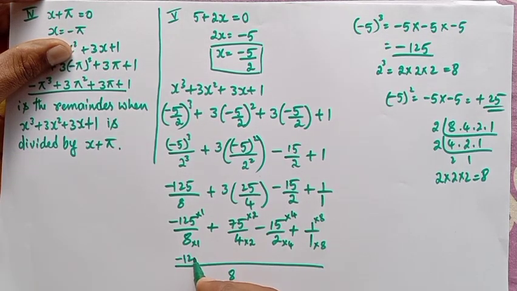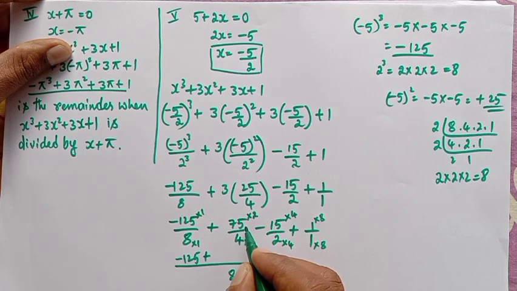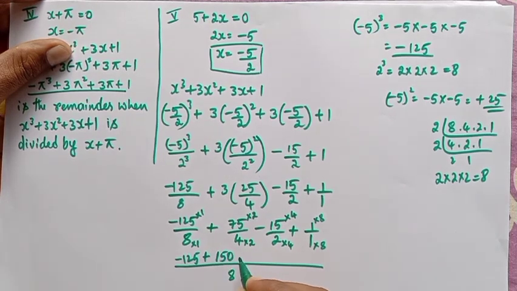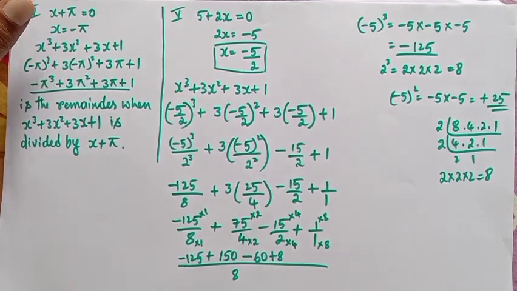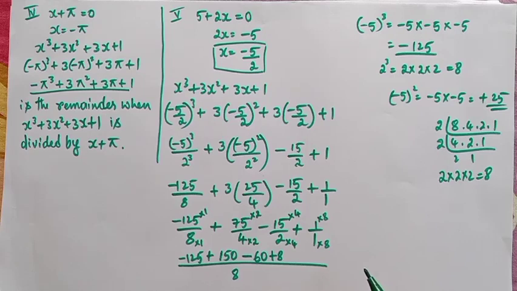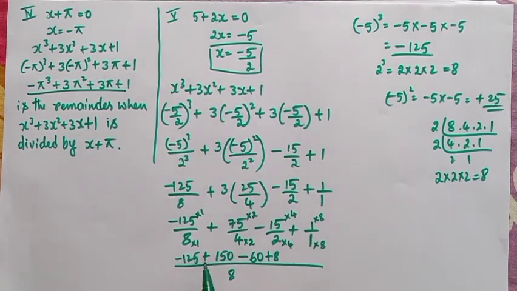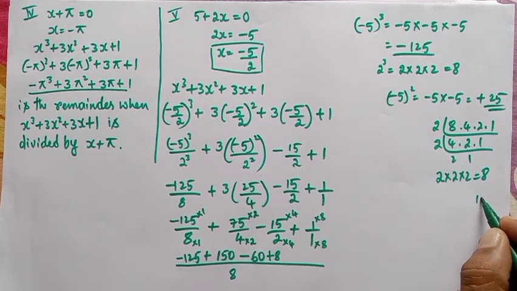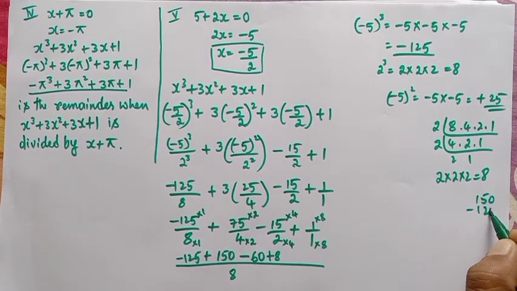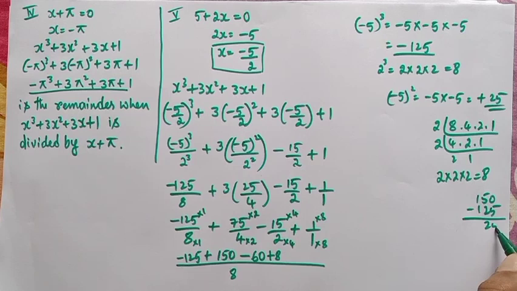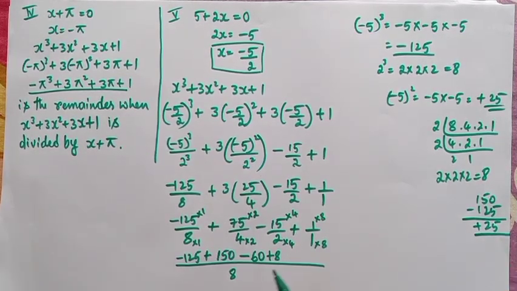So minus 125 plus 75 2s are 150, minus 15 4s are 60, plus 8. So the answer is, if you take these two, minus 125 and 150, the answer is 25.